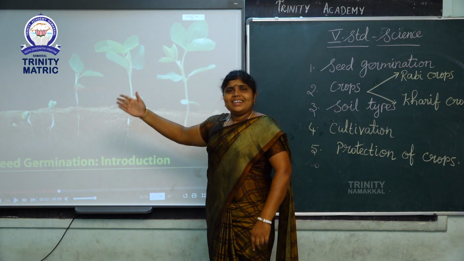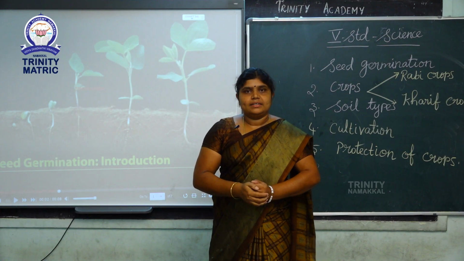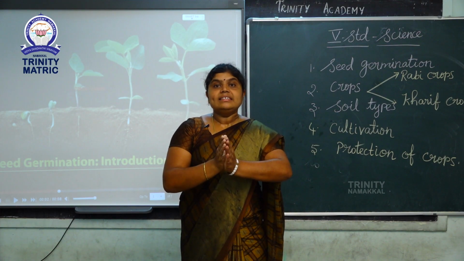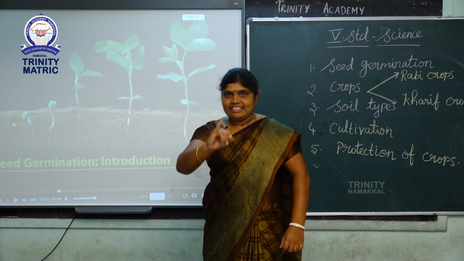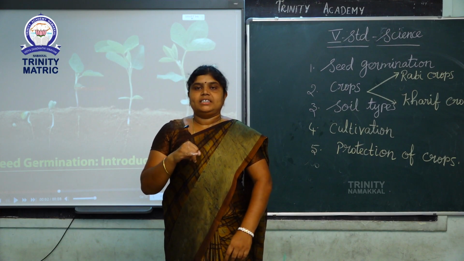Okay, what are the things used for the growth of the plant? First one is seed. Seed is very important. First one is a healthy seed. Second one is air. Air is very important.